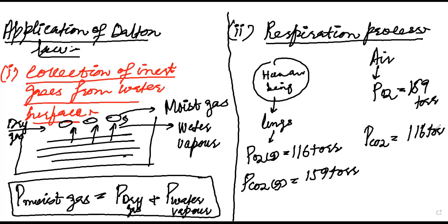So there is a difference of partial pressure between the air and the human being. From high partial pressure to low partial pressure, oxygen is inhaled into the lungs, and carbon dioxide, due to high partial pressure in the lungs, is exhaled from the lungs. So this process takes place under Dalton's law. I think you can get these points.